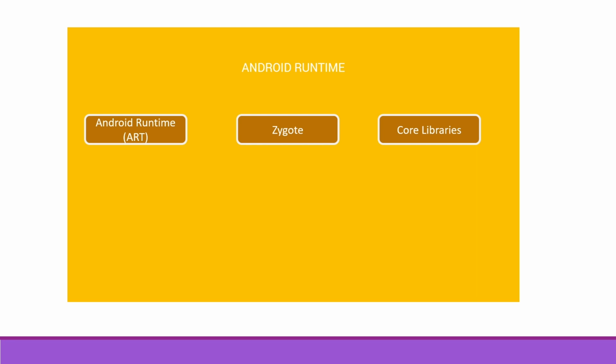It compiles application code into machine code when the app is installed rather than interpreting at runtime. Android Runtime is a Java runtime environment provided by the Android open source project. ART translates the app's bytecode into processor-specific instructions that are executed by the device's runtime, further improving the app's performance.